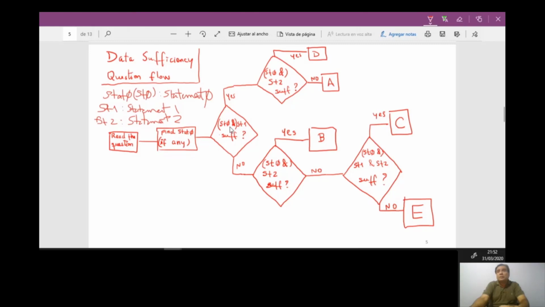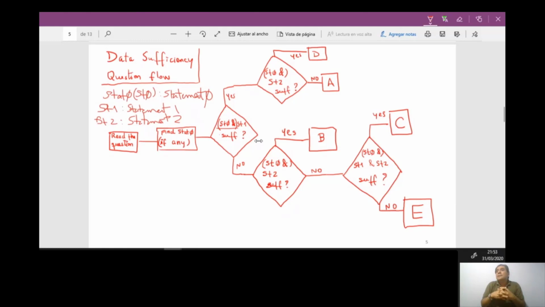Immediately, you need to proceed to analyze and evaluate statement 1. But if there is a statement 0, you need to combine that information with statement 1. What you do is check whether statement 1 is sufficient or not. Sufficient meaning that you are able to answer the question of the problem with a unique value.